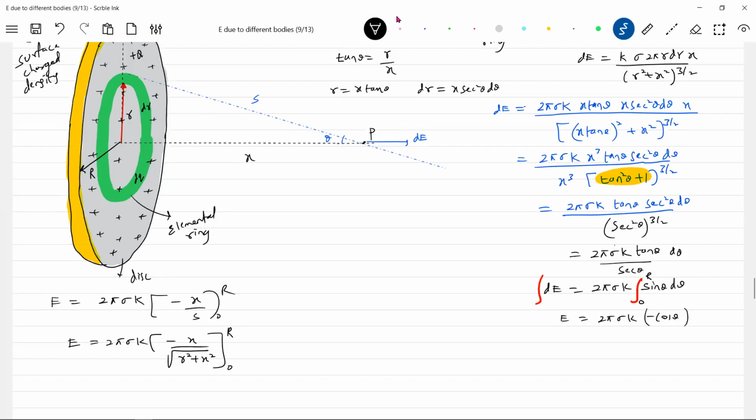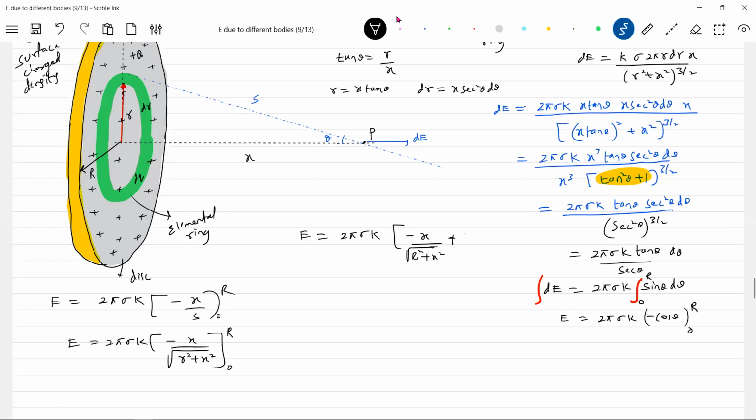Don't go for it in terms of theta, let it be this one. Don't substitute any limit. Now you substitute the limit. So what will the resultant field be? E is equal to 2 pi sigma K. First x equal to capital R, so minus x by root of R square plus x square, minus x by root of r square plus x square at the other limit.